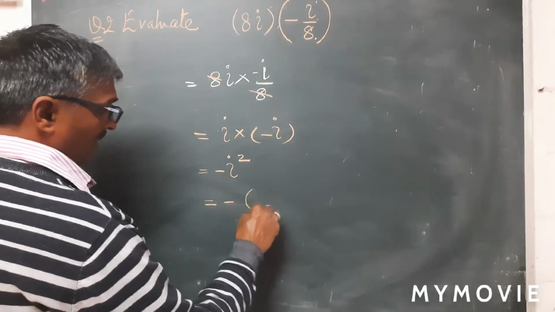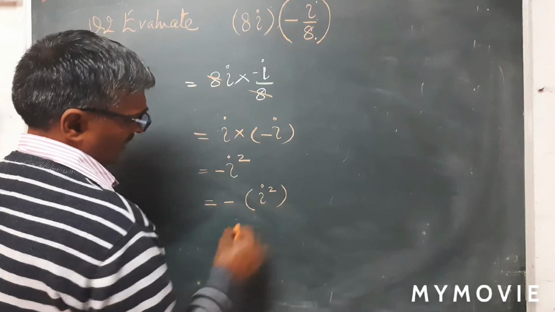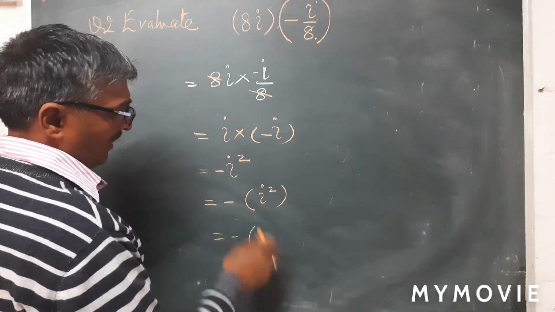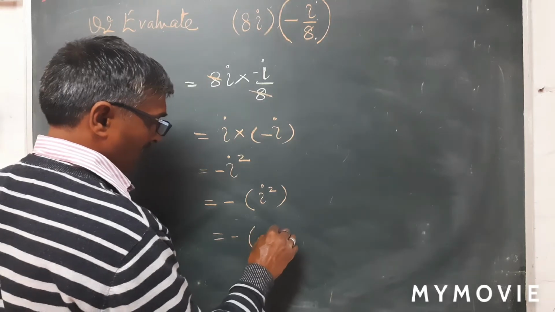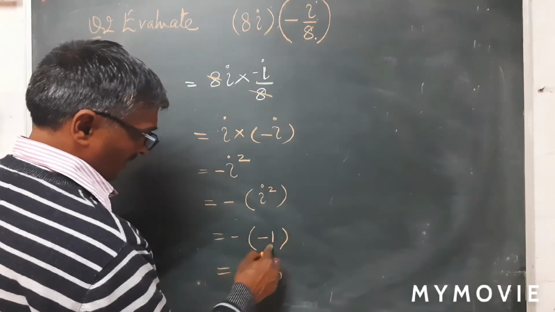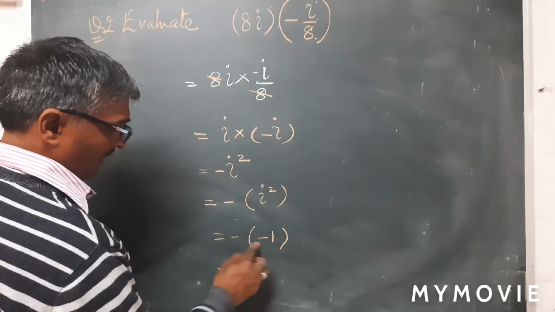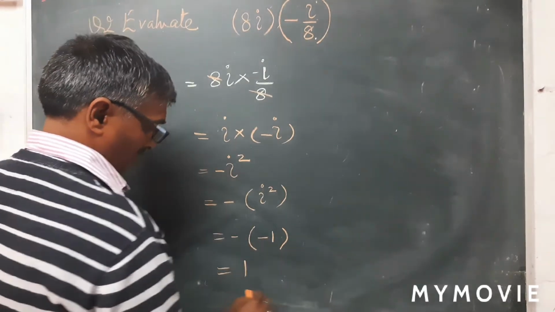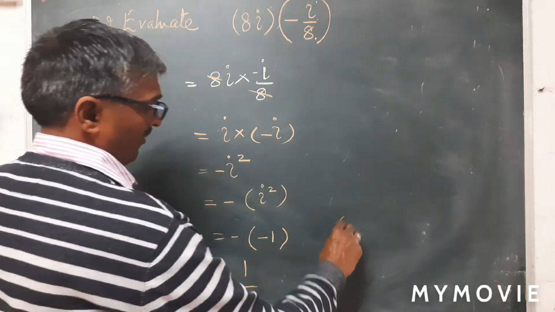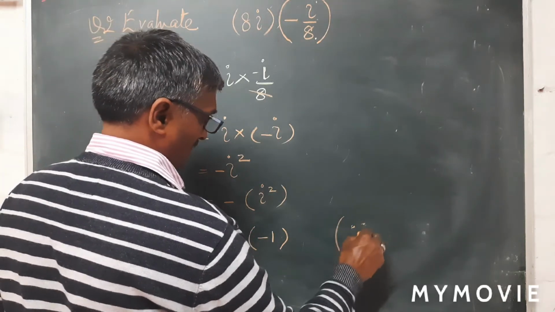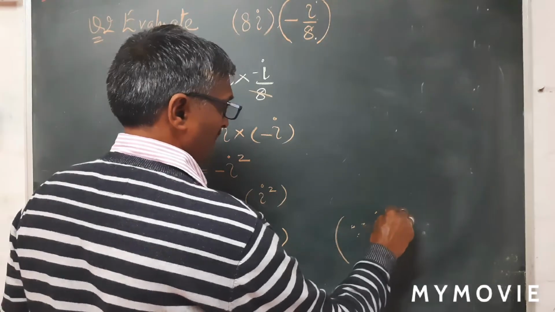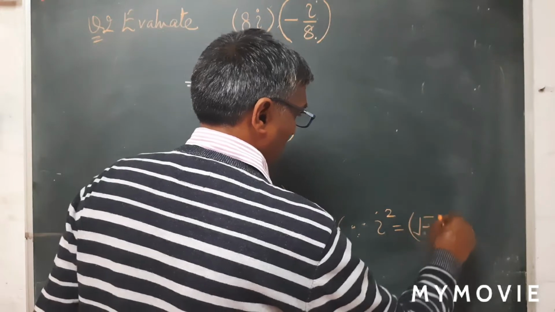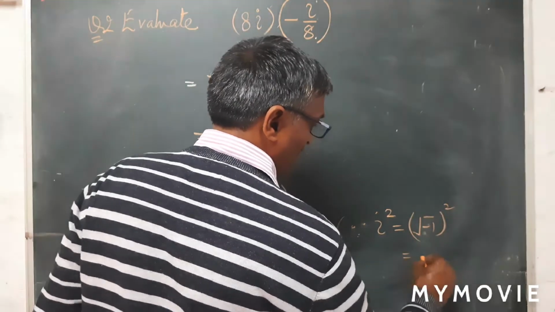Now we know that iota square is equal to minus 1. That is minus 1 into minus 1, minus minus plus. Answer is 1. Right? Because iota square is the square root of minus 1 to power 2, that is equal to minus 1.